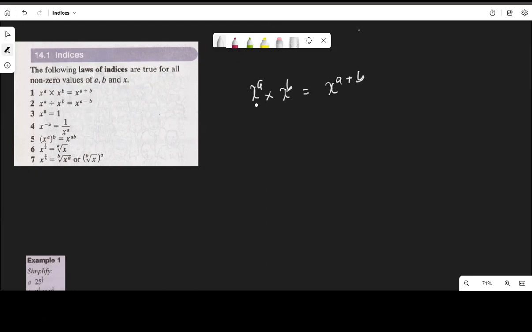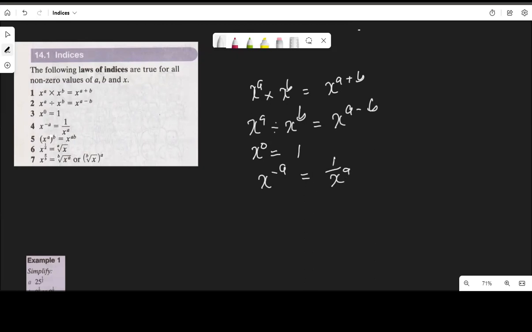Then the next law is x to the power of a divided by x to the power of b, which is x to the power of a minus b. The third one, x to the power of 0: any number to the power of 0 is 1. Then the negative indices, x to the power of negative a is 1 over x to the power of a.